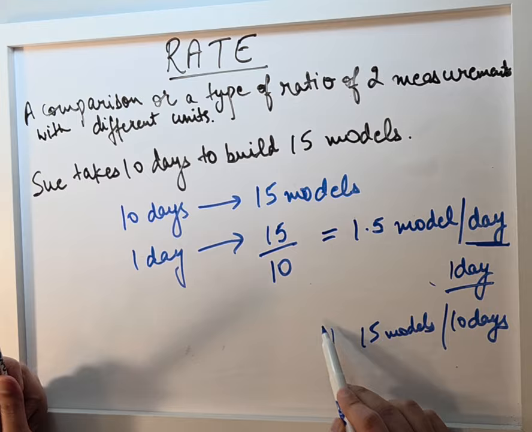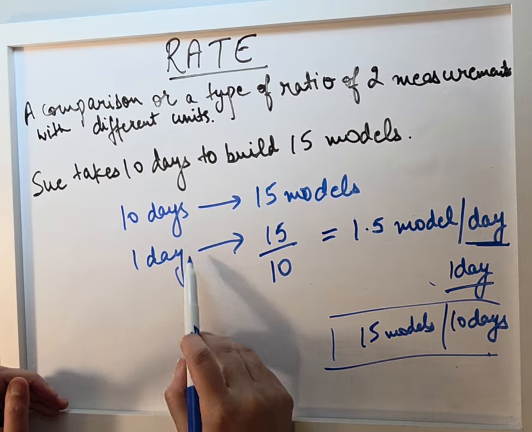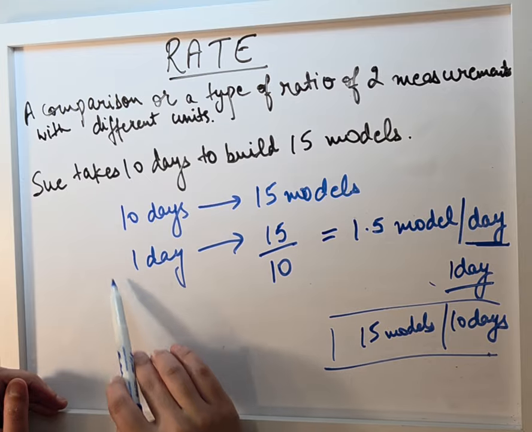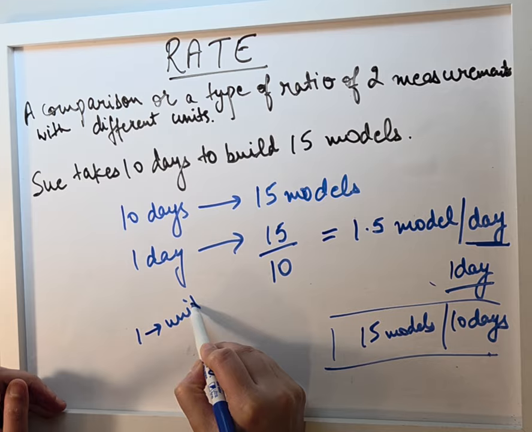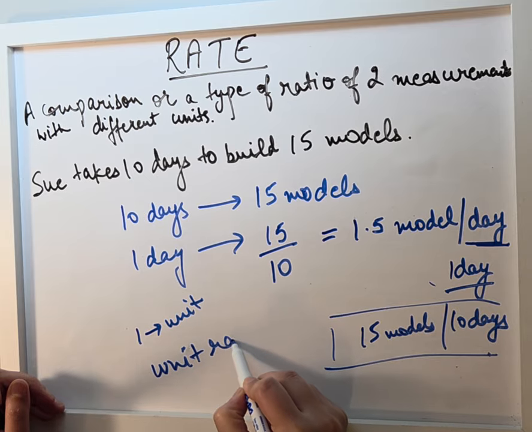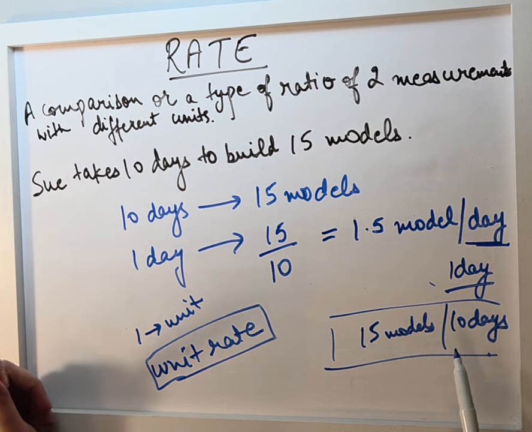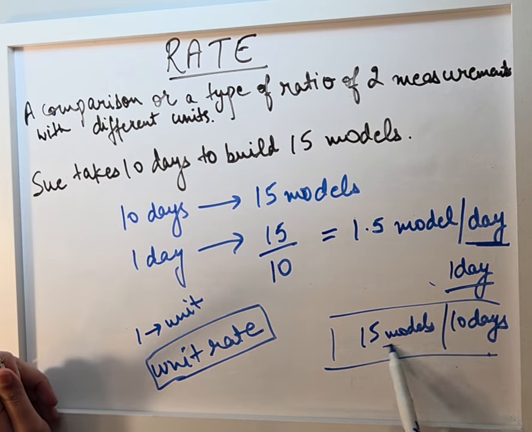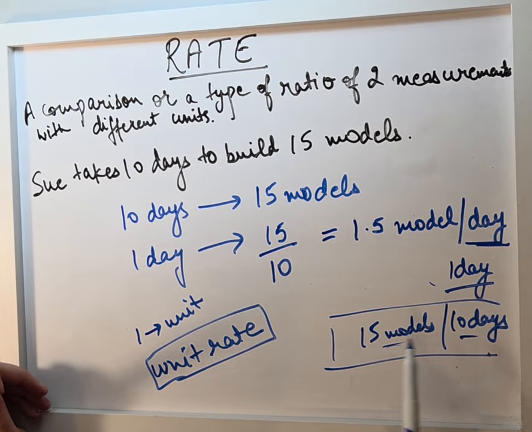That is not how we represent a rate. A rate is usually when one of the things we are comparing is one, that is, a unit. So a rate can also be called a unit rate, because otherwise it's hard to understand. If I tell someone that 15 models will be completed in 10 days, they will ask, okay, so how many in 20 days or in 22 days? It gets a bit complicated.